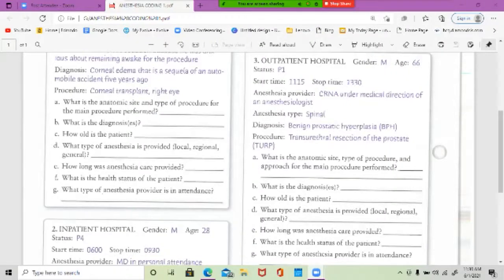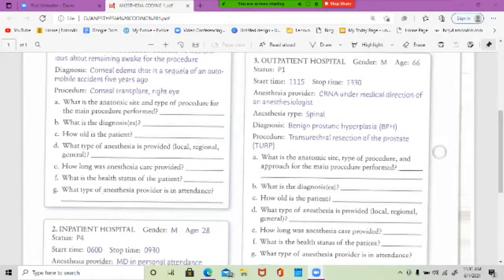Okay, how old is the patient? He is 66. Okay, what type of anesthesia is provided? Is it general? General? No, local. No, it's general.